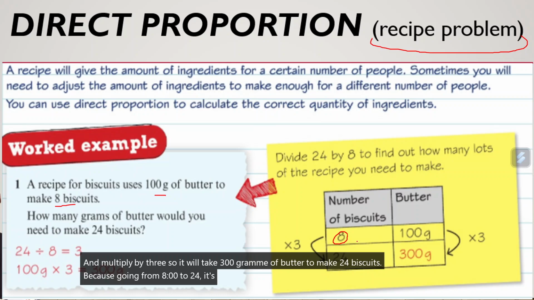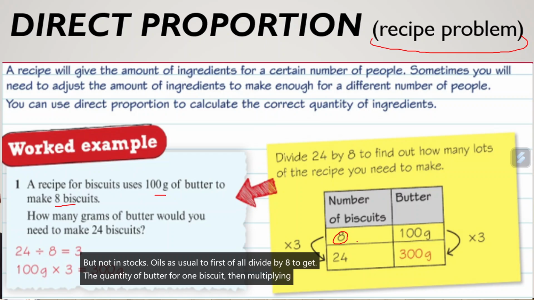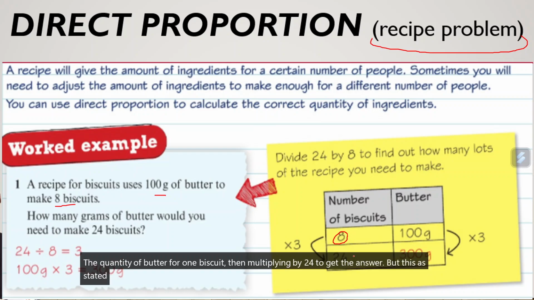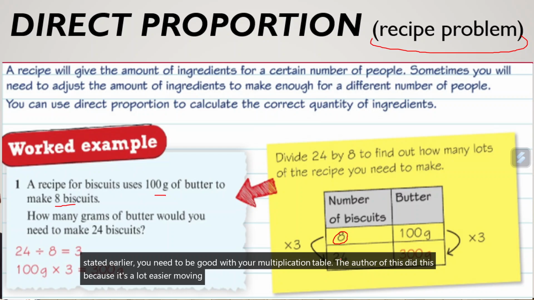Going from 8 to 24 is a lot easier, but nothing stops us, as usual, to first of all divide by 8 to get the quantity of butter for one biscuit, then multiply by 24 to get the answer. But as stated earlier, you need to be good with your multiplication table. The author did this because it's a lot easier moving from 8 to 24, which means you just need to multiply by 3.